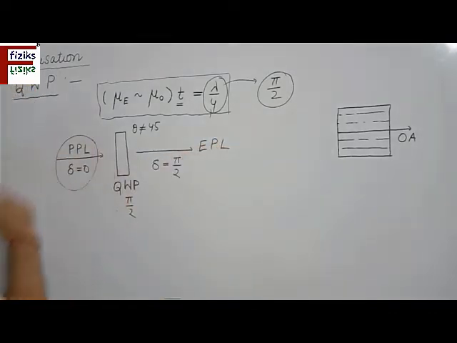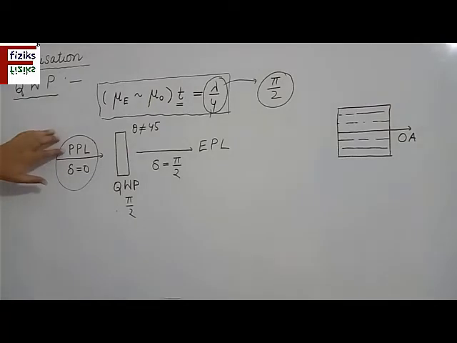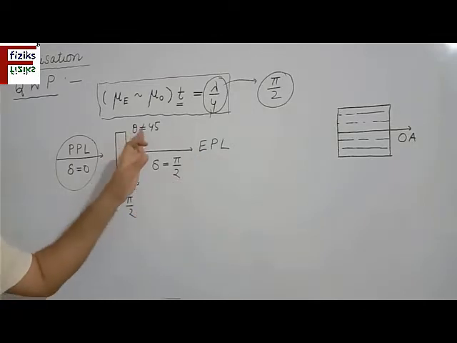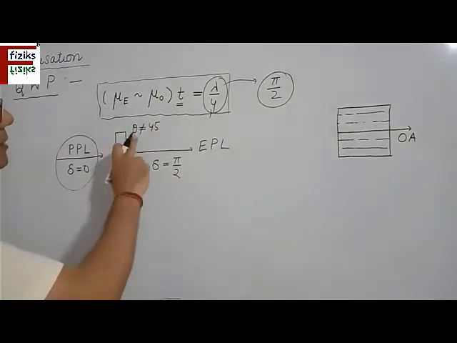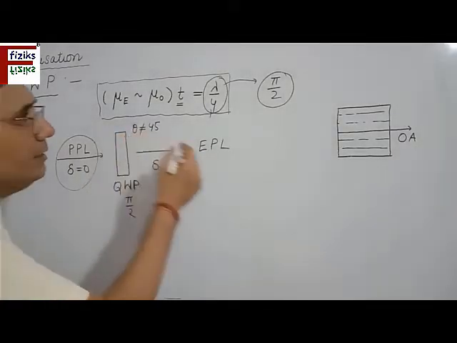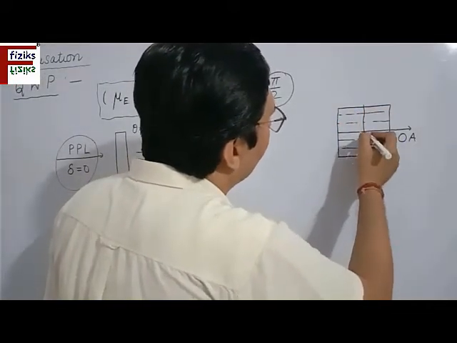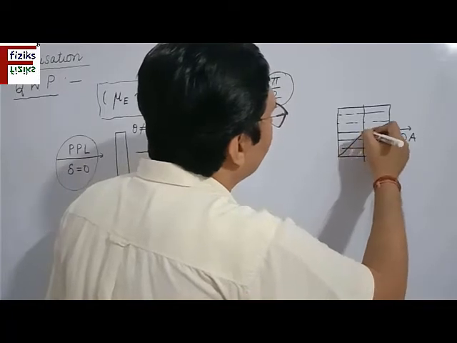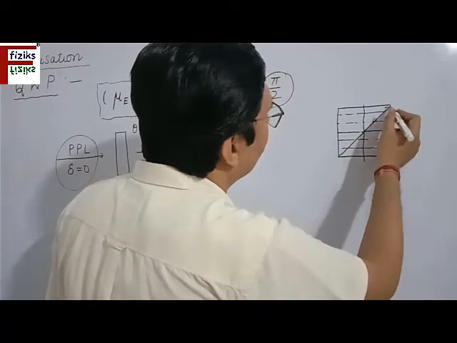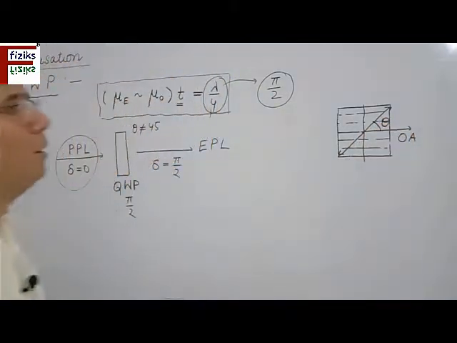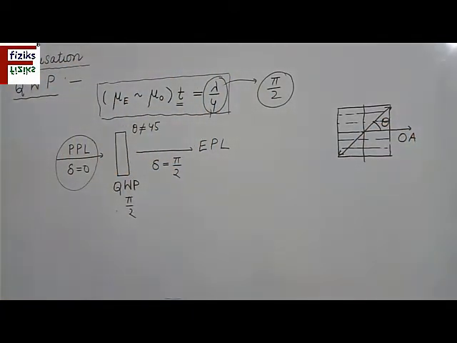I have discussed 7 cases with you. Here this plane polarized light, suppose, belongs to case 1, then this will belong to case 3 when theta is not equal to 45. What is this theta? Theta is the angle between the optic axis and the electric vibrations. If this is the electric vibration, then the angle between the optic axis and this electric vibration is theta.